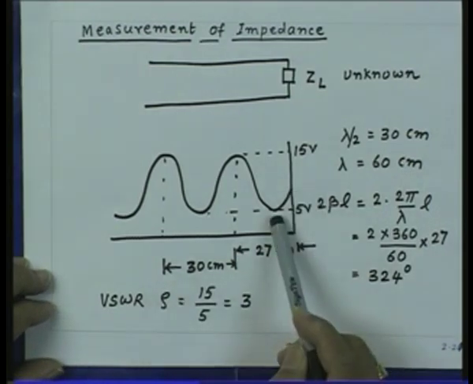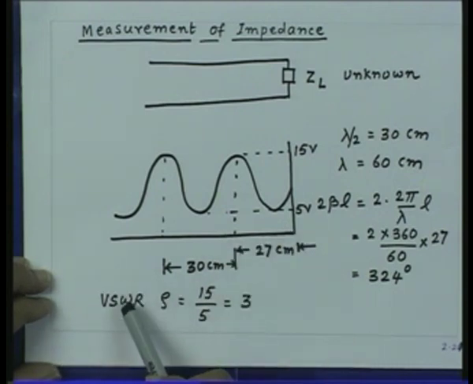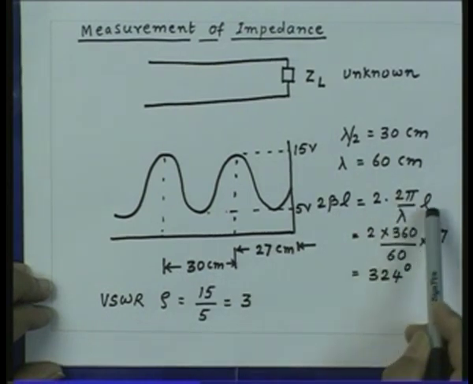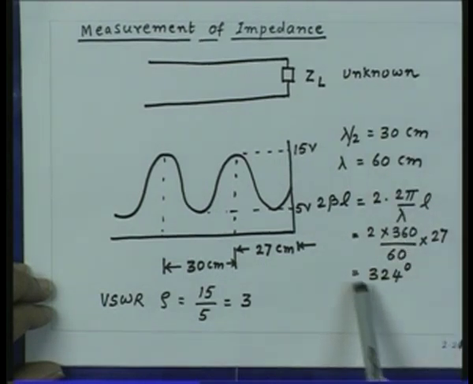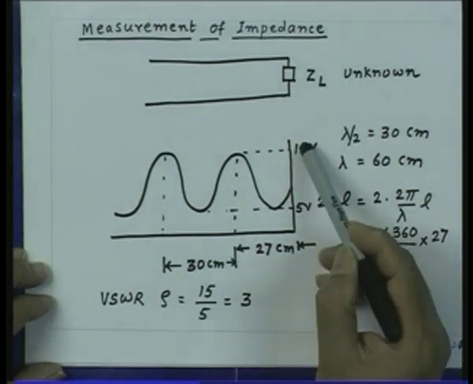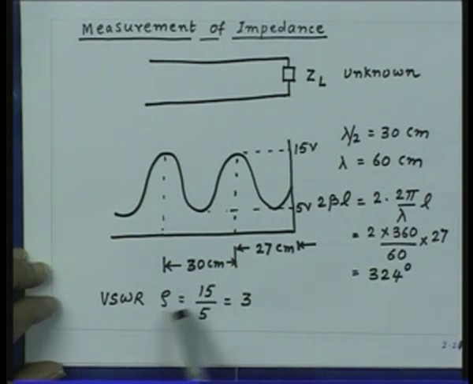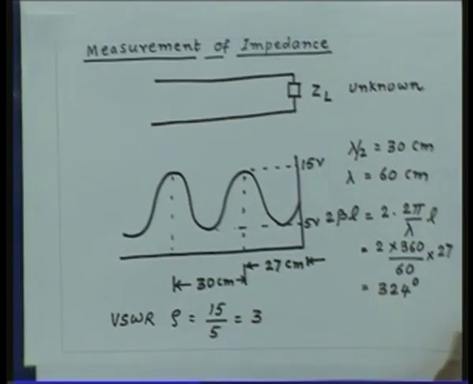Once we get lambda, the phase corresponding to this distance of 27 centimeters, 2 beta L, that is 2 into 2 pi by lambda into L, where L is 27 centimeters and lambda is 60 centimeters, gives a phase 2 beta L of 324 degrees. From the maximum and minimum voltage on the line, we can calculate the VSWR, that is 15 by 5, equal to 3. Once we have this information, we can go to the Smith chart to calculate the unknown impedance.